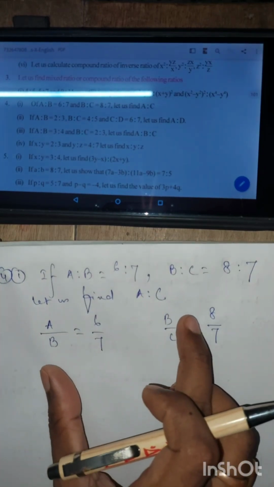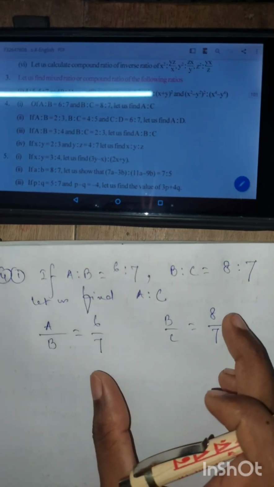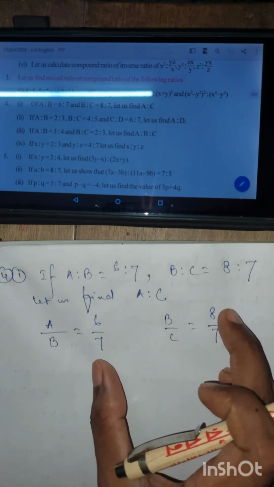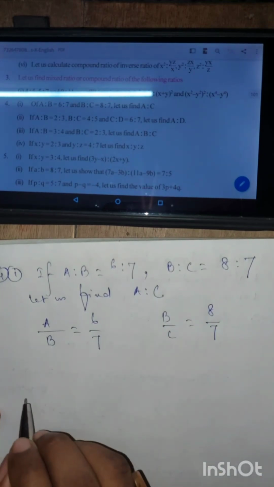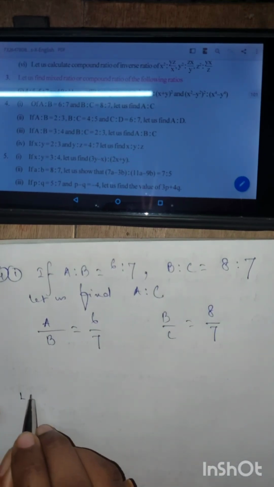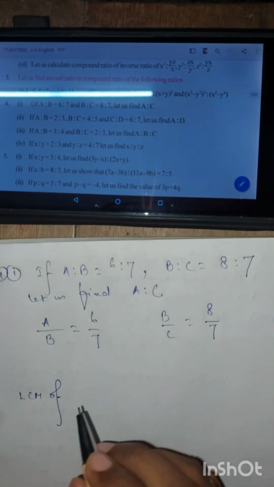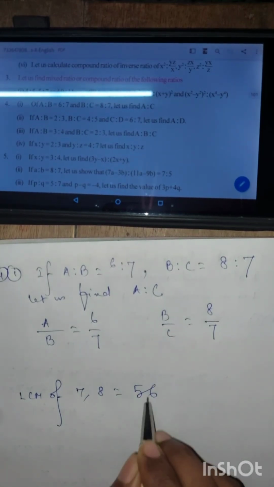To make B equal, we need to find out the LCM of 7 and 8. LCM of 7, 8 is equal to 56.